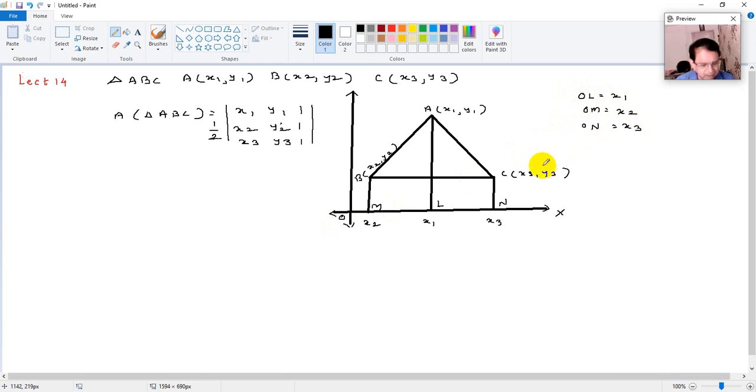Then think in another way: the perpendicular from A, the coordinates of this point are x1 y1, so the length A to L is y1. Then MB is y2. This is very simple geometry, right? And now what is left? NC, so NC is y3.